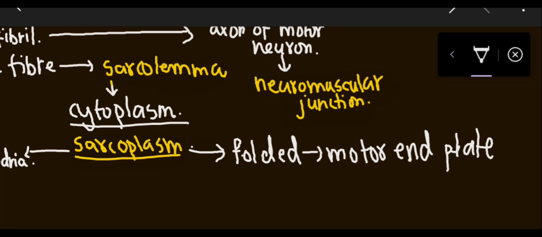Now this sarcolemma was what? Sarcolemma was plasma membrane. So sarcolemma basically permits the calcium ions to enter or leave the myofibril from their specific positions or gateways. Sarcolemma का काम क्या होता है? It permits the calcium ions to enter or leave the myofibril. Now these functions can be asked.